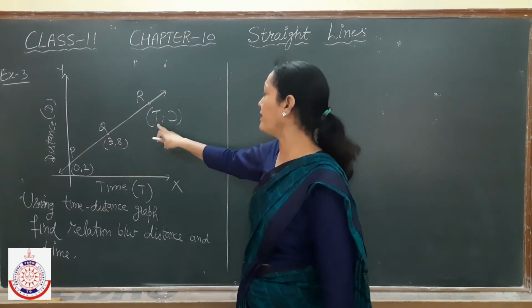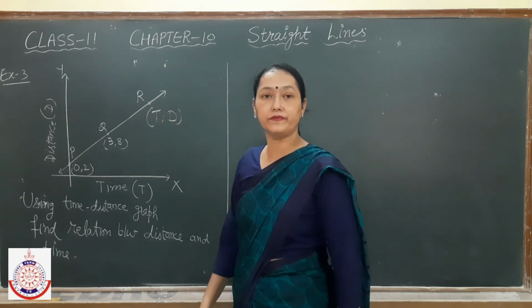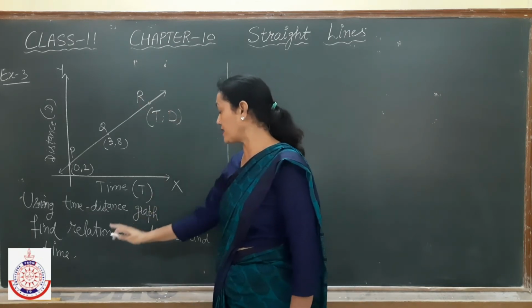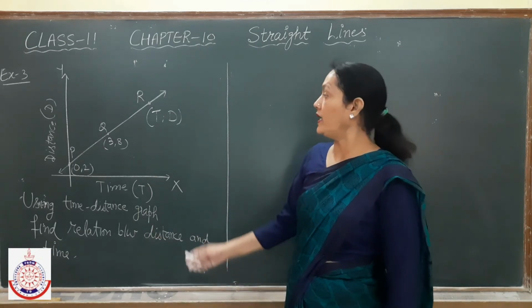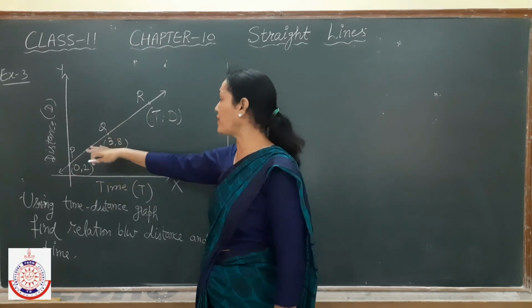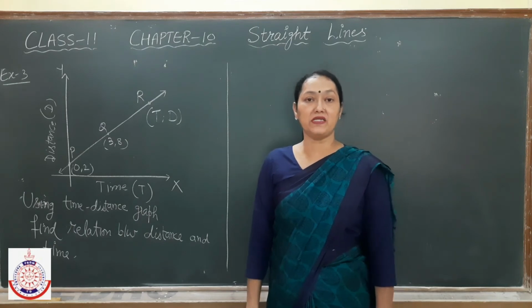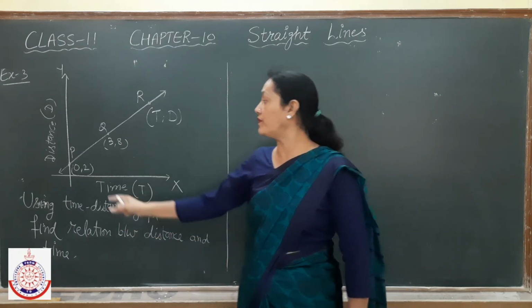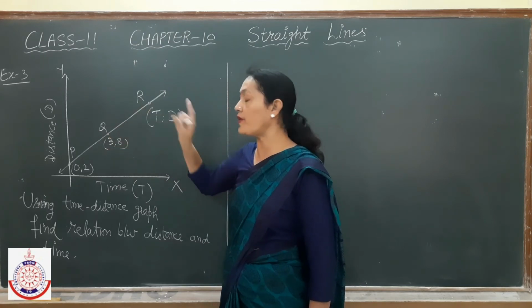How will time and distance be related at point R? They are asking us to find the relation between distance and time. As you can see, this is linear motion. That means all 3 points P, Q and R are lying on the same line. That means slope of line PQ will be the same as slope of QR.